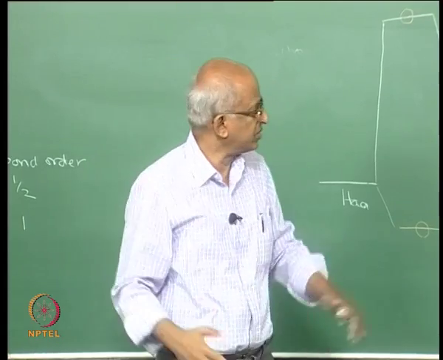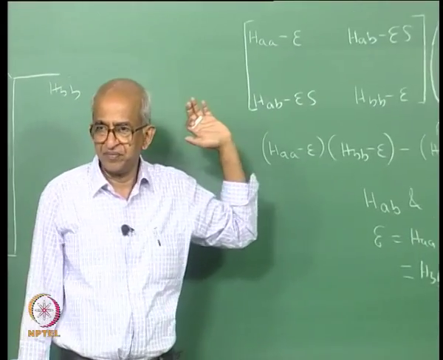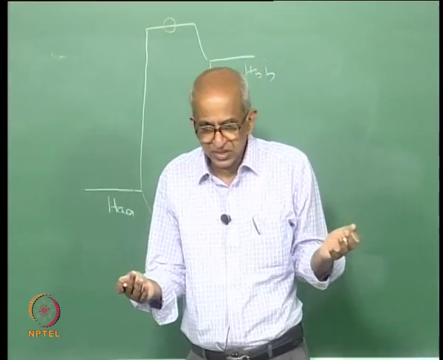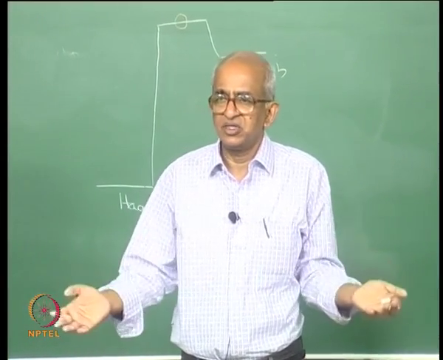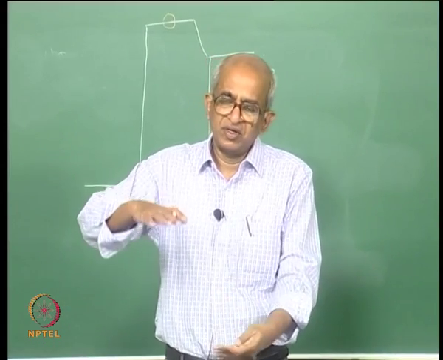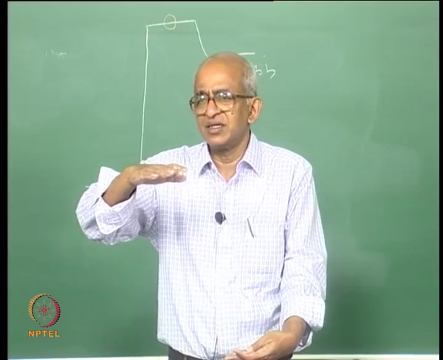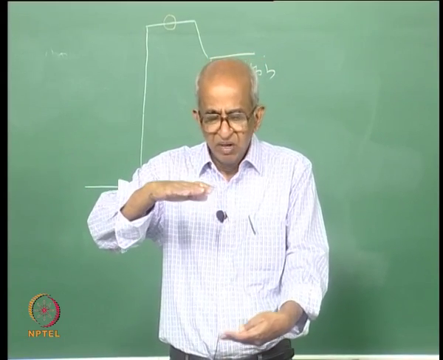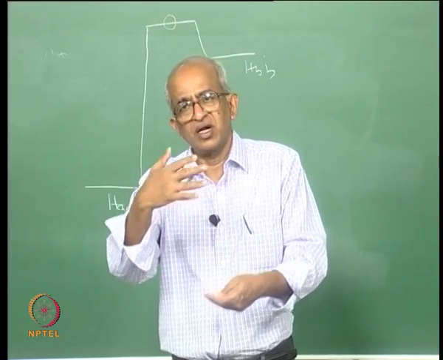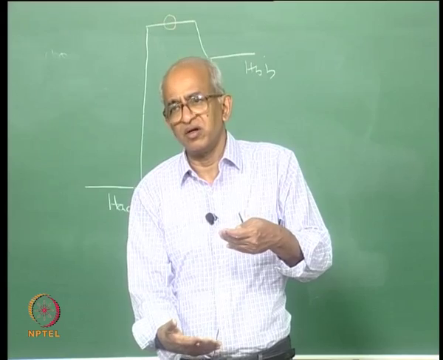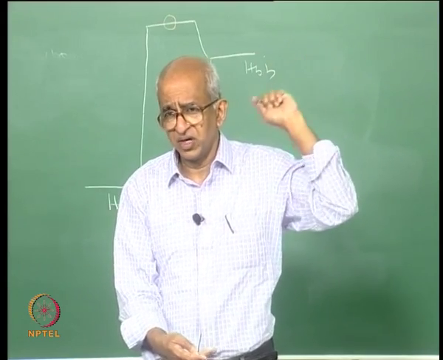So, all these conclusions can be arrived at from analyzing this simple equation, right. What are the conclusions? If S and HAB are 0, then there is no interaction. And if the atomic orbitals are far apart in energy, then the interaction is weak. But if they have almost the same energy, then the interaction is the strongest, and you will get a strongly bonding molecular orbital as well as a strongly antibonding molecular orbital.